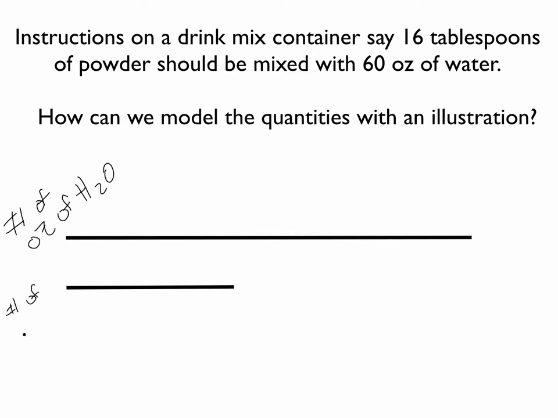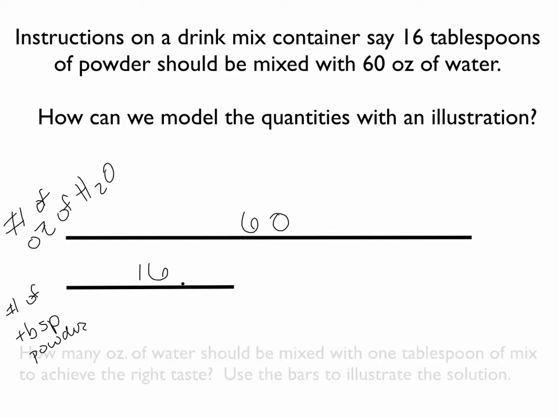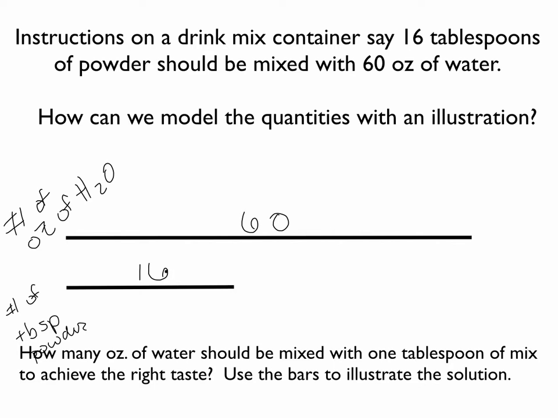Number of tablespoons of powder, right? So on this bar, how much is that quantity? 60. And on this one? 16. Does that make sense? Okay. Yeah, ounces and tablespoons.